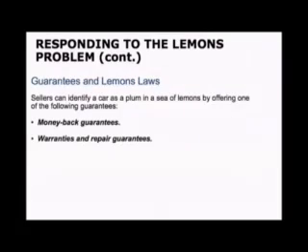And sellers give guarantees, and there are lemons laws, so we get a money-back guarantee and warranties and repair guarantees. So if you're a seller and you're trying to show that you're selling a good product, you would have a money-back guarantee or a warranty so that buyers could look at it and say, well, I'm going to increase my expectations about whether I'm getting a plum over getting a lemon. So these are different ways that we've seen consumers and sellers try to overcome the adverse selection problem and the lemons market.